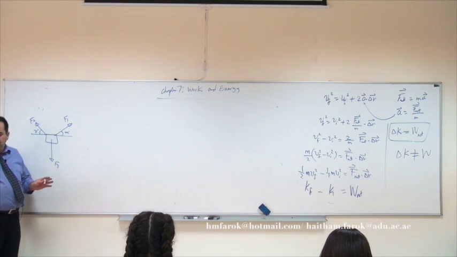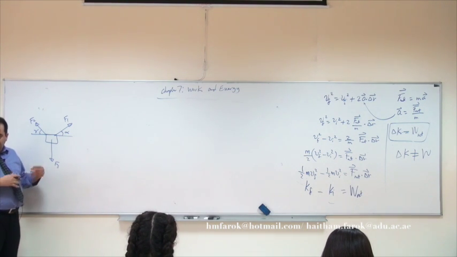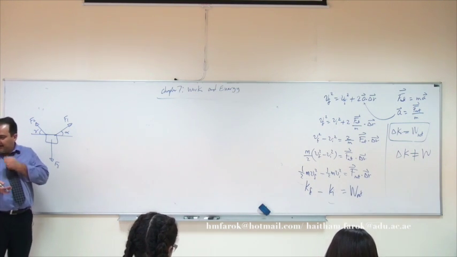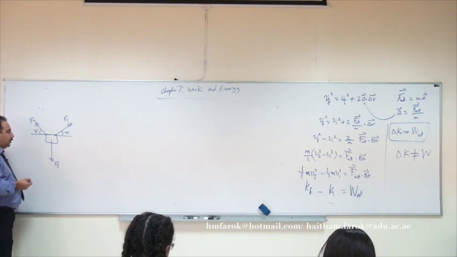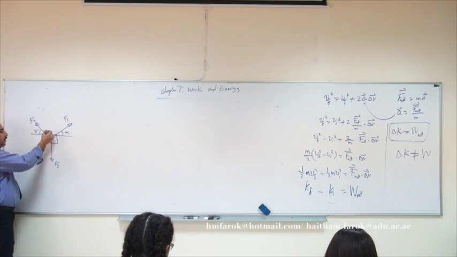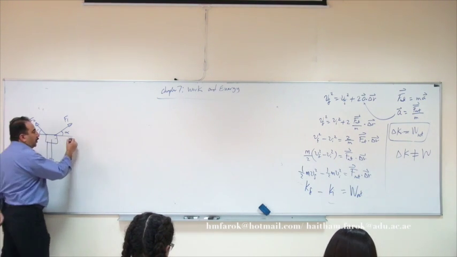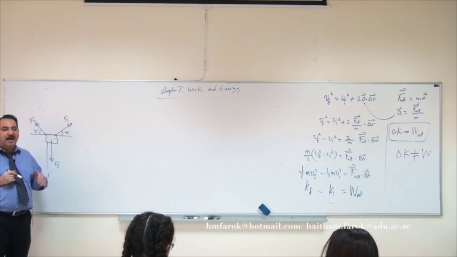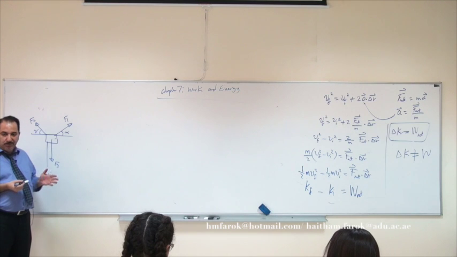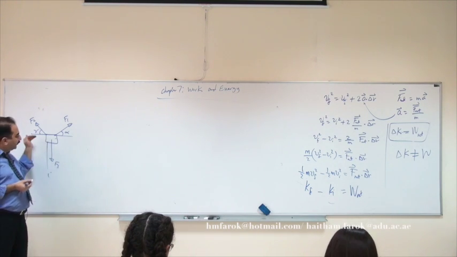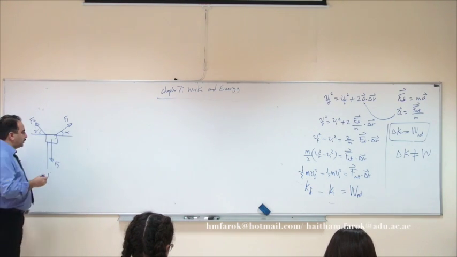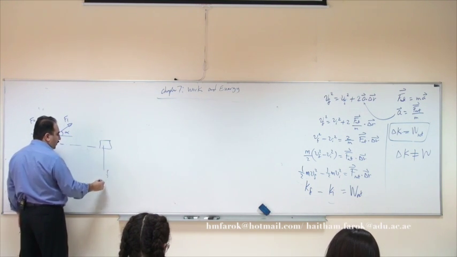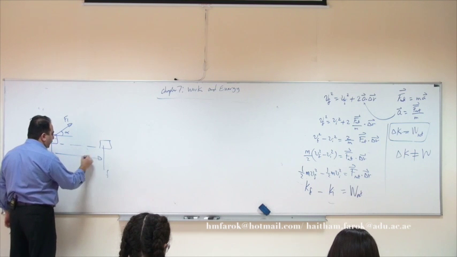Either it doesn't move, if it was stationary, or it starts moving. And when it starts moving, it means there's an acceleration, yeah? So it moves with an acceleration. So initially it's here. And which way does it move? In the direction of the F net. So you have to know which way is F net. But let's say it moves this way, horizontally, just to make it easy. Let's say it moves here. So this is the final. So this is the displacement.